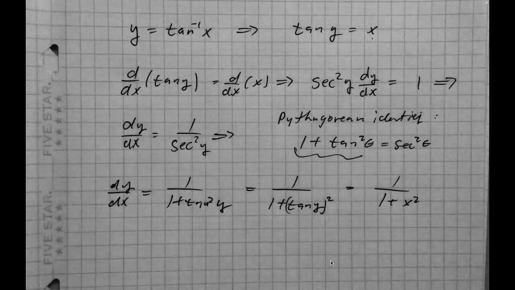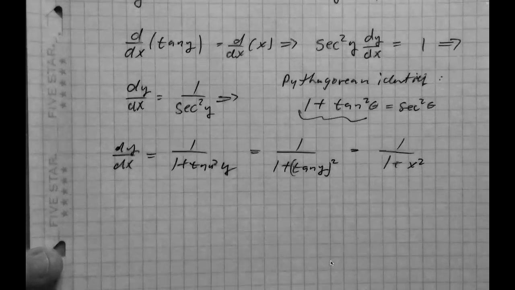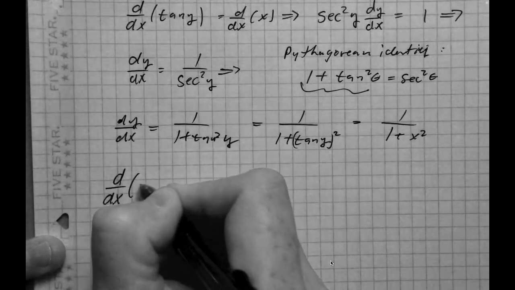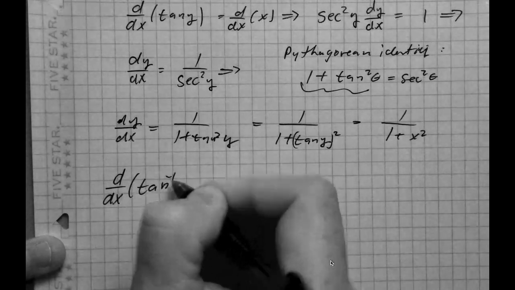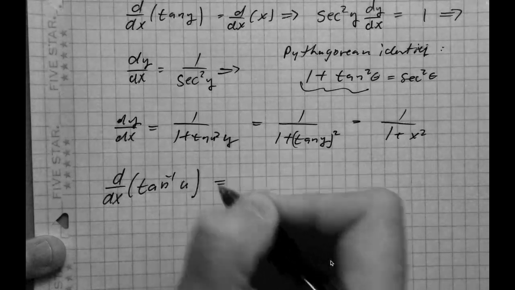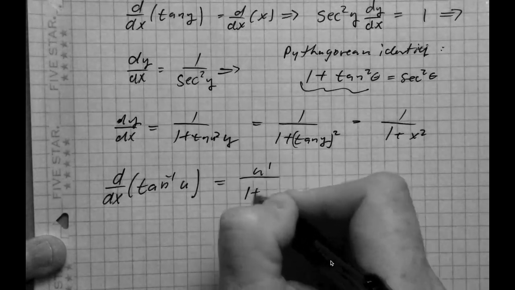And again, in this case, the form fits what our theorem showed. So our theorem said that d dx of inverse tangent of u would be u prime over 1 plus u squared. Right?